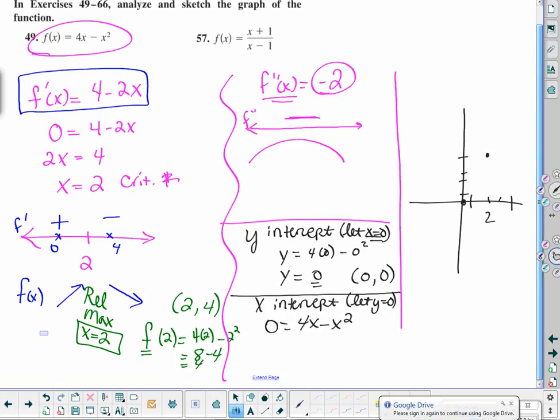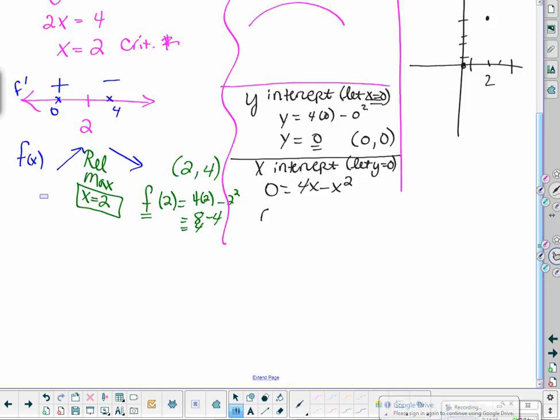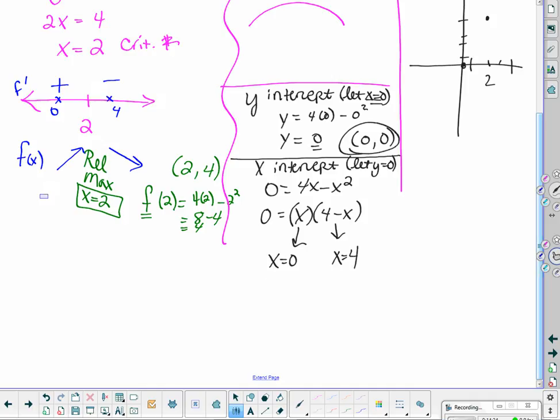That looks like a factoring problem. So 0 is equal to, let's pull an x, that'll give us 4 minus x. Either of these two could be 0. This would say x is equal to 0. This would say x is equal to 4. We already know that (0, 0) is an intercept point both for x and y.